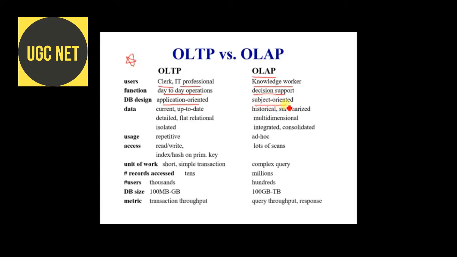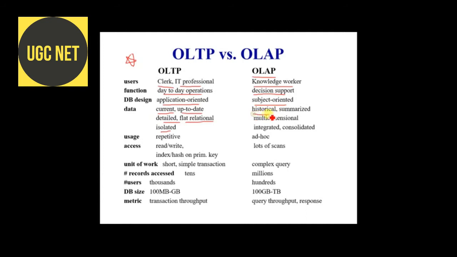It depends on the use of that data. OLTP data is current, up to date, detailed, flat relational, isolated. Up to date data is more required, because in the banking industry if up to date data is not given, it is not suitable. So up to date data should be required.